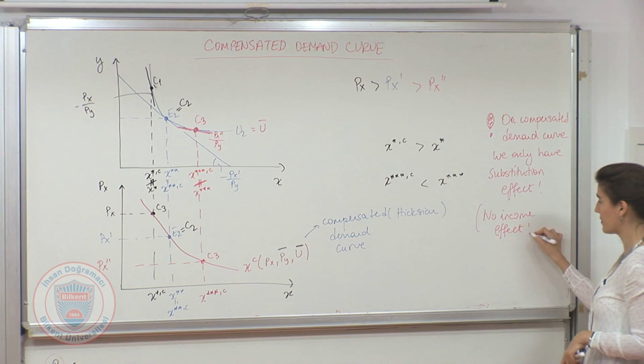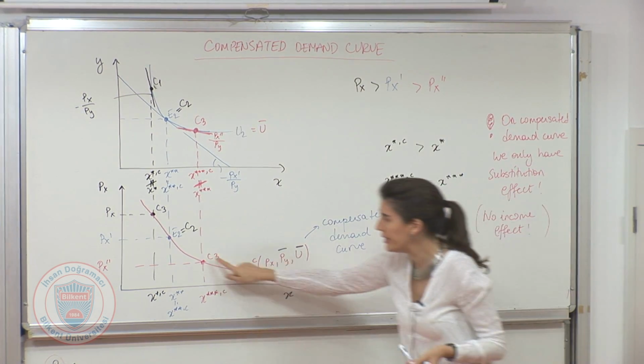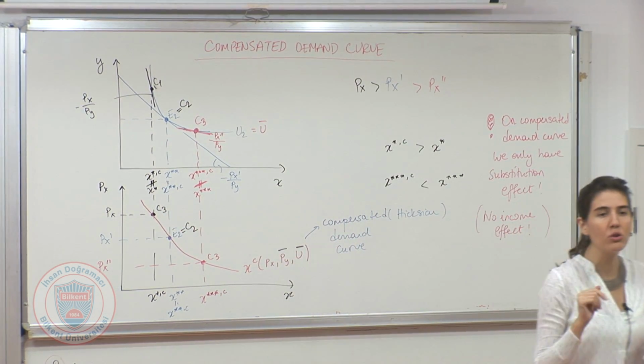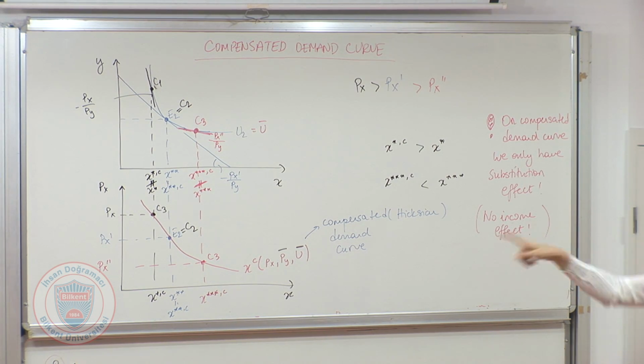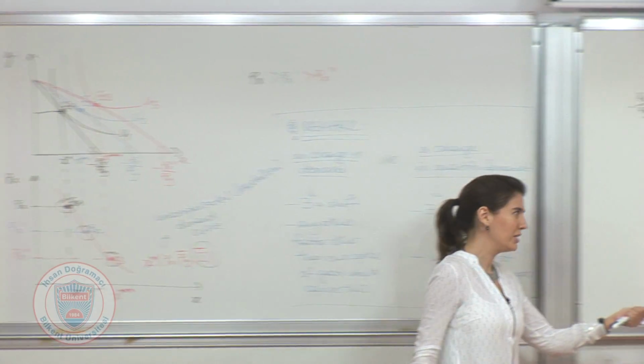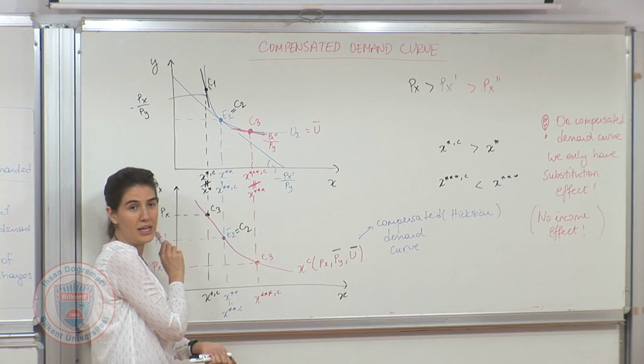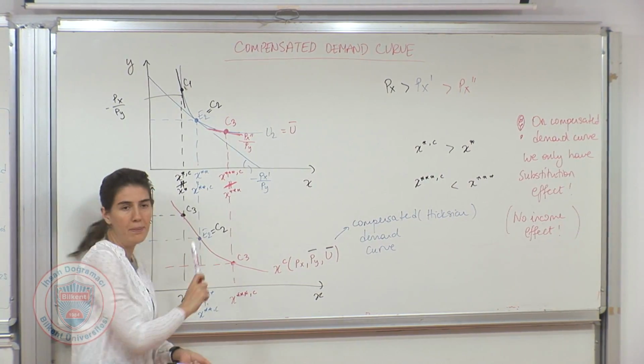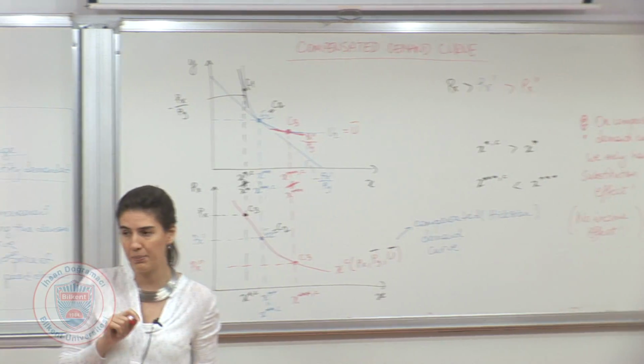Along here, the nominal income of the consumer is changing. There, the nominal income stayed the same, but utility was changing. Here, utility stays the same, but nominal income is changing. Just keep this in your mind.